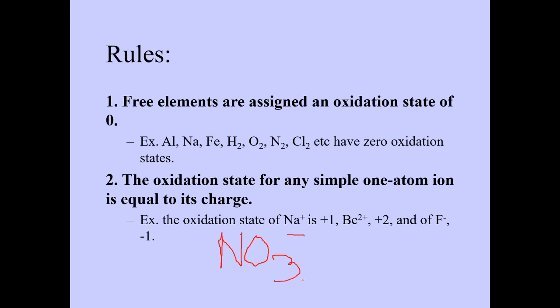This is nitrate, right? This polyatomic ion nitrate, NO3 negative. Its oxidation number as a group would be -1. That doesn't mean that this nitrogen and oxygen by themselves are -1. It just means this whole group, 3 oxygens and 1 nitrogen, would have an oxidation number of -1.